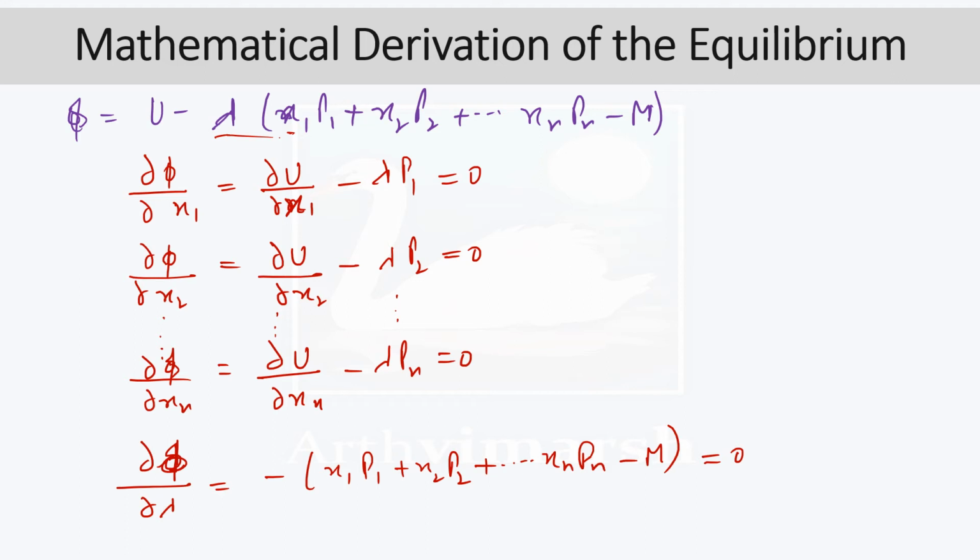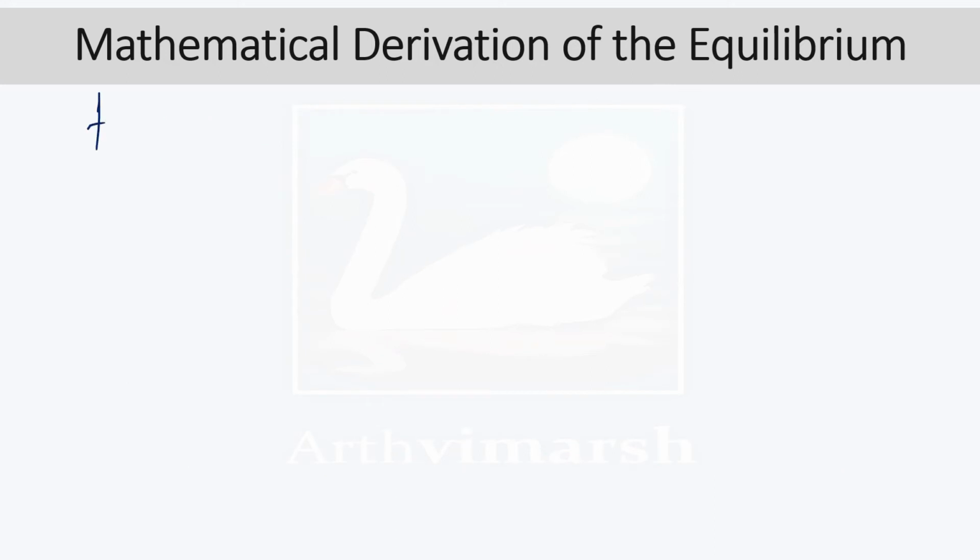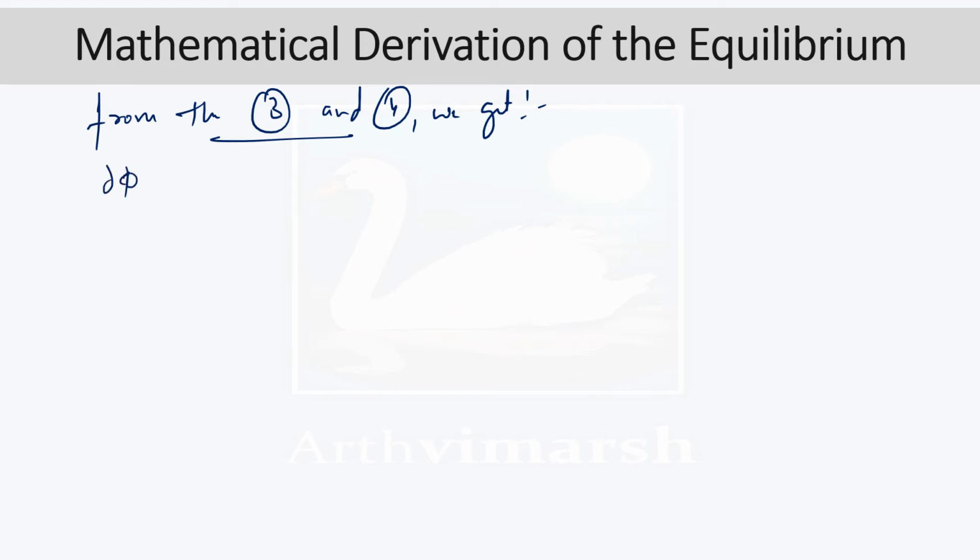Now given these equations, let's call these entire expressions 3 and this one 4. From equations 3 and 4, recall that on partially differentiating with respect to quantity x1, the expression was del u upon del x1 minus lambda p1 equal to 0.